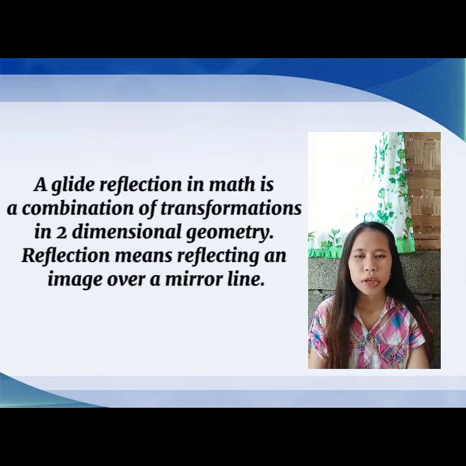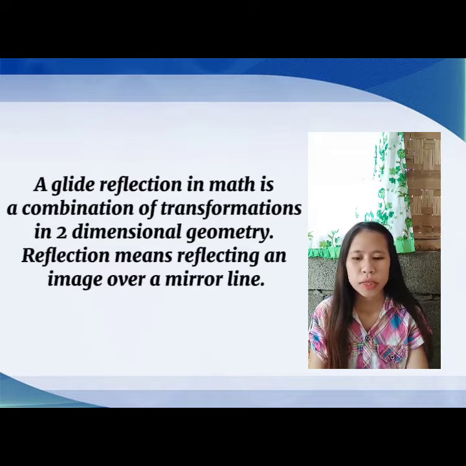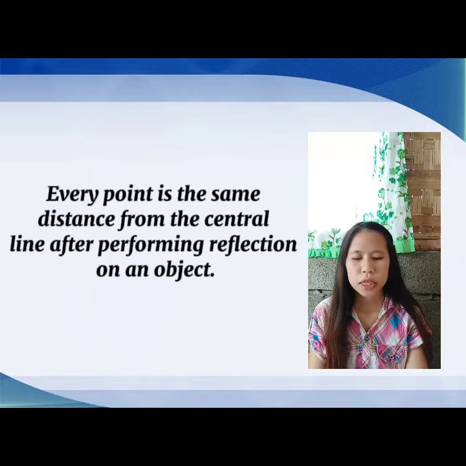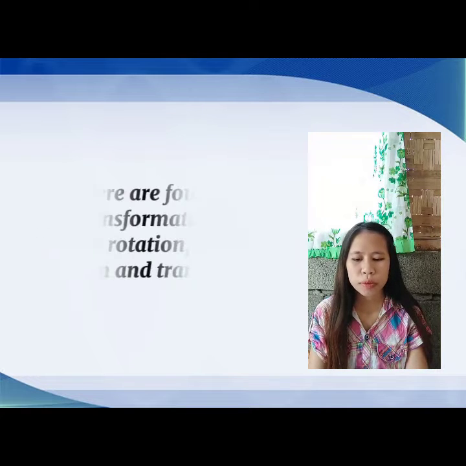A glide reflection in math is a combination of transformations in two-dimensional geometry. Reflection means reflecting an image over a mirror line. Every point is the same distance from the central line after performing reflection on an object.